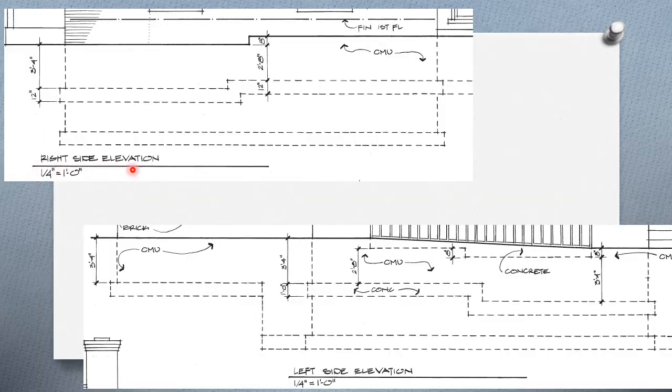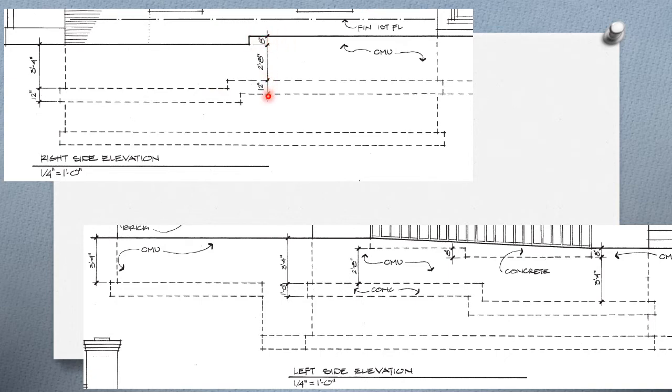Here's the right side elevation, and it says that my wall is going to be 3 feet 4 inches below ground, and my footer is 12 inches thick. Notice there's a step here and a step here.